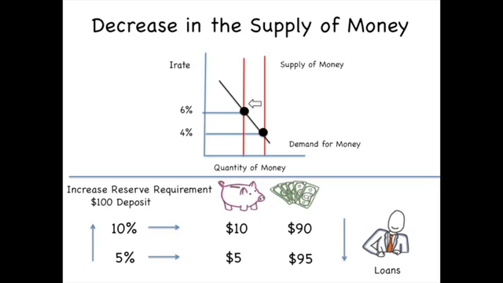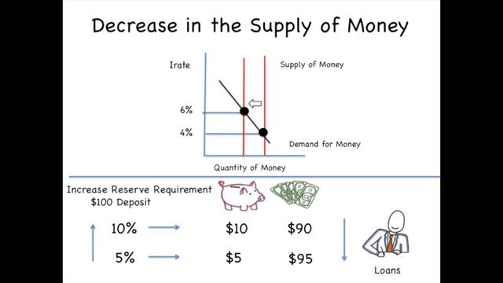In this case, the Federal Reserve would want to take money out of the economy, so they want to contract the economy or decrease the amount of money in the system. By decreasing the amount of money in the system, this will increase interest rates and cause consumption and investment to both decrease.